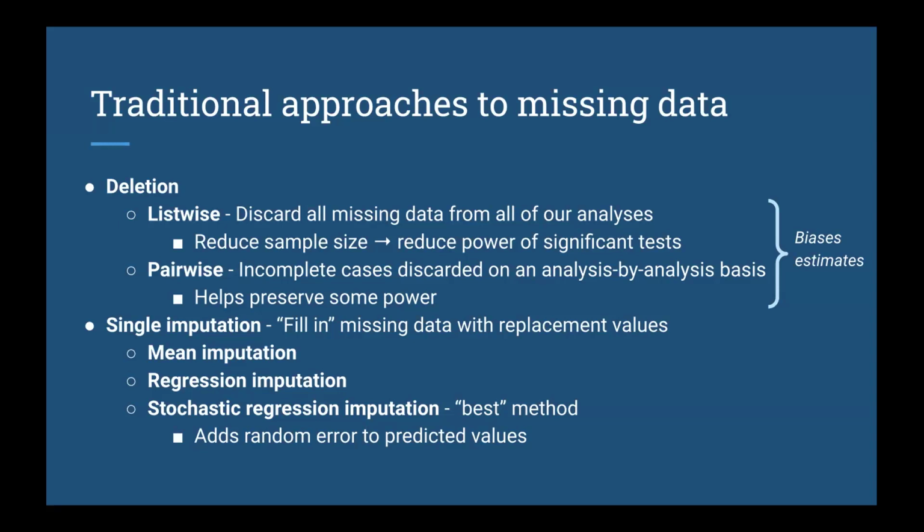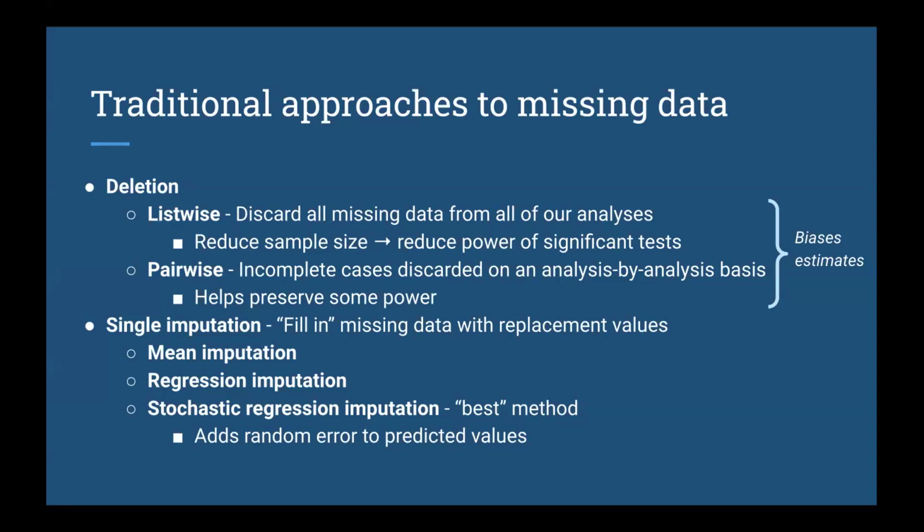But this is a little bit problematic because it assumes a correlation of 1 between missing values and complete values. A more conservative imputation technique is stochastic regression imputation. This is essentially the same as regression imputation, but you're adding a random noise term.